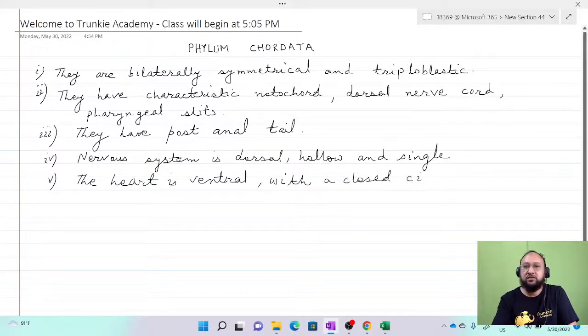Unlike some animals, like the arthropods we studied, where the circulatory system is open and blood does not flow through proper blood vessels, in the phylum Chordata it is closed, with well-defined blood vessels through which blood flows. Closed circulatory system.